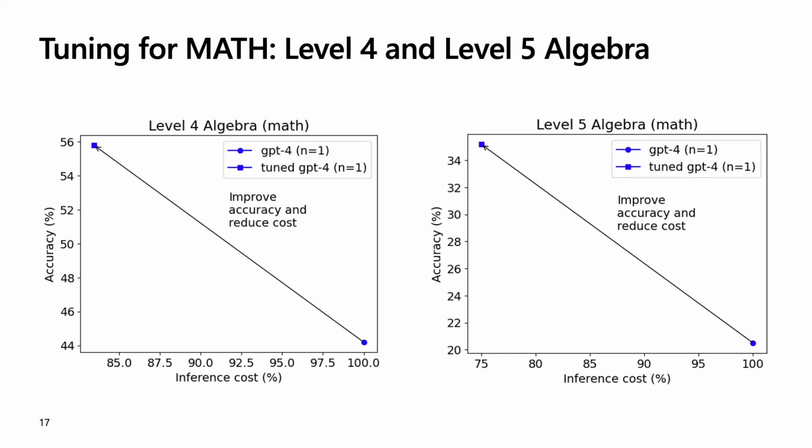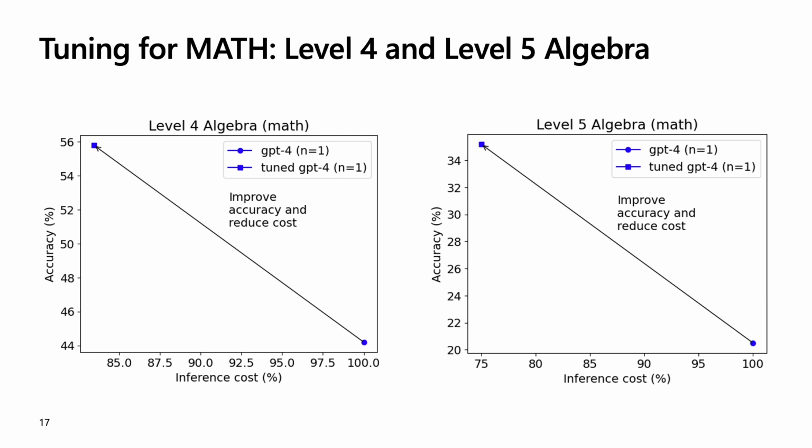For example, 35% versus 20%, and less expensive than untuned GPT-4. We can see that our tuning method has found different optimal model and inference parameters for each subset of a particular level, which shows that these parameters matter in cost-sensitive LLM applications and need to be carefully tuned or adapted.